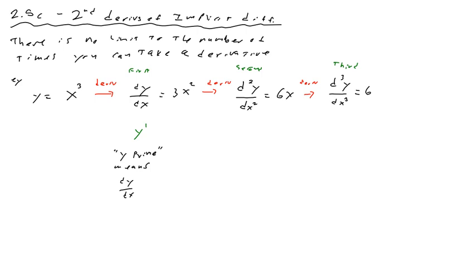So y prime, right, that's the first derivative. The second derivative, we can say this is y double prime. Or the second derivative. And the third derivative, we just say y triple prime. So these are those shorthand ways to describe the first, second, third, really any derivative.